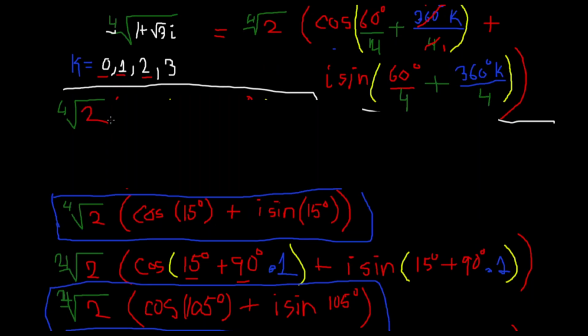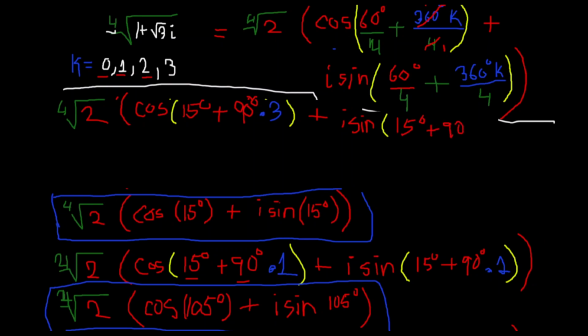So fourth root of 2 times cosine of 15 degrees plus 90 degrees times 3, plus I sine of 15 degrees plus 90 degrees times 3.